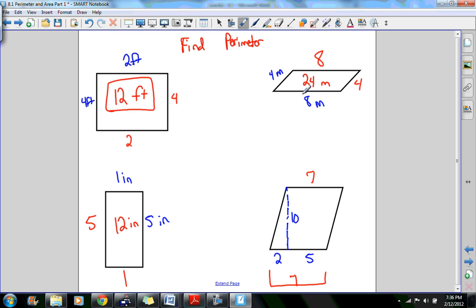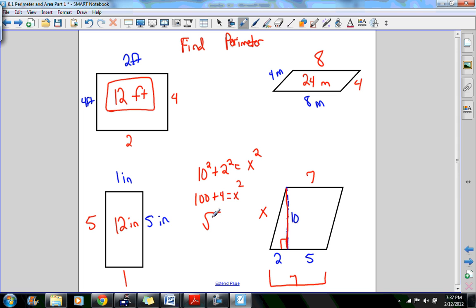But in order to find the perimeter, we need to have this side right here. Okay, so this value of x is an unknown. But if I look right here, I see this height right there, and I see that that's a right angle, and I see this bottom is 2, we can do the Pythagorean theorem to solve. So if I do 10 squared plus 2 squared is going to be equal to the hypotenuse, x squared. 10 squared is 100. 2 squared is 4.